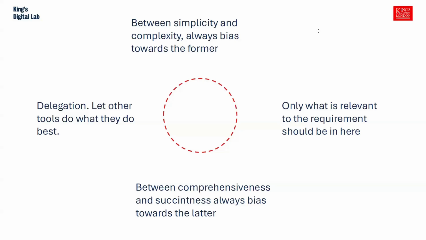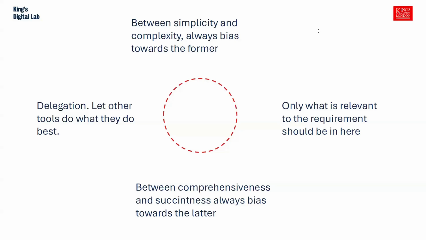The one directly below that is related, between comprehensiveness and succinctness. We often find, for example, in a requirement that the SDT has its idea of how the requirement should be implemented, but the project partners have some other idea. Perhaps they've seen something fancy somewhere and they think, well, we want one of those. We feel, well, no, that's not the best way to implement it. So there's going to be some chewy discussions back and forth about that.